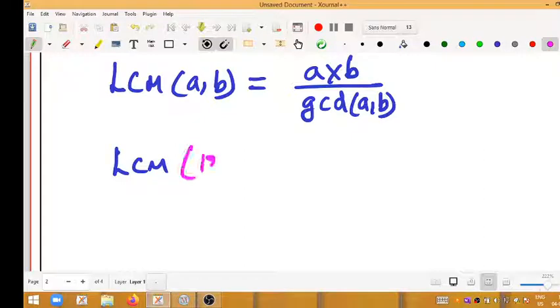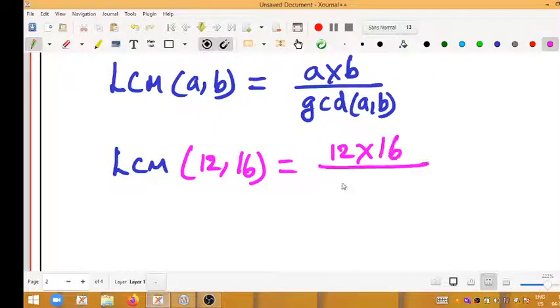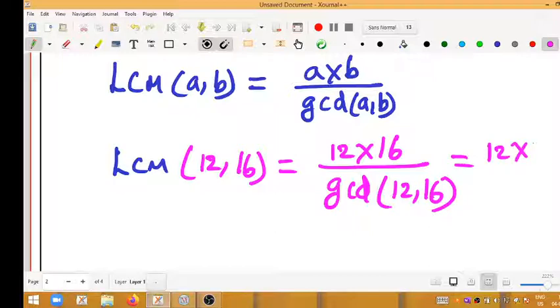LCM of 12 and 16 is equal to A value 12, B value 16 divided by GCD of 12 comma 16, which is 12 into 16 as it is.